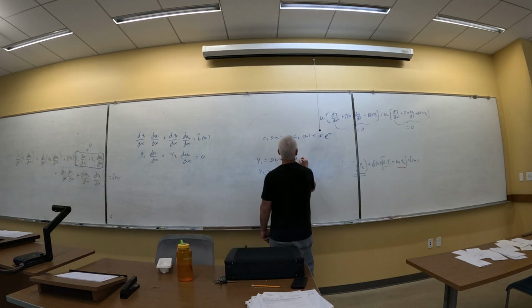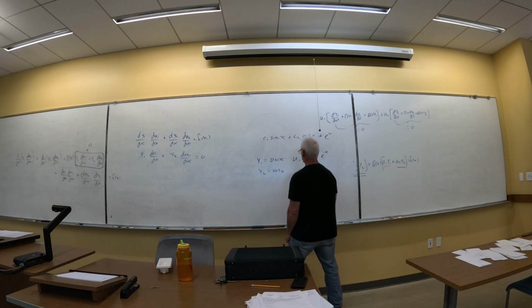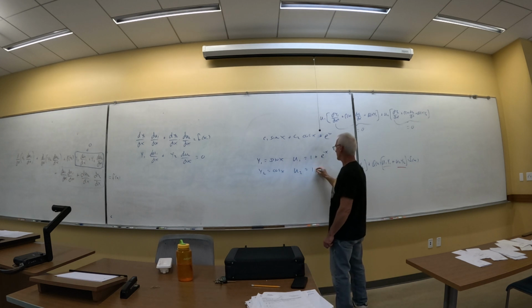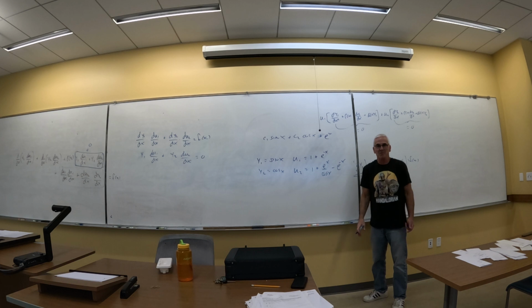Okay, what if I make my u1 1 plus, how about 1 plus e to the negative x, and then I make my u2 1 plus, so what could I do to make that all come back now? E to the x over cosine of x minus e to the negative x. There, I think that'll work. I'm just making it up as I go.